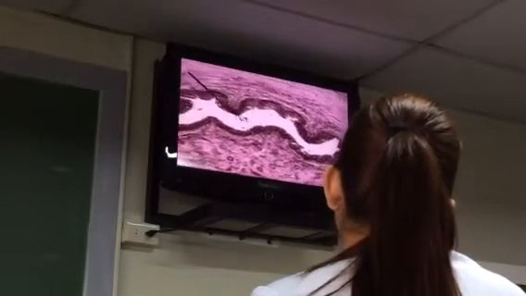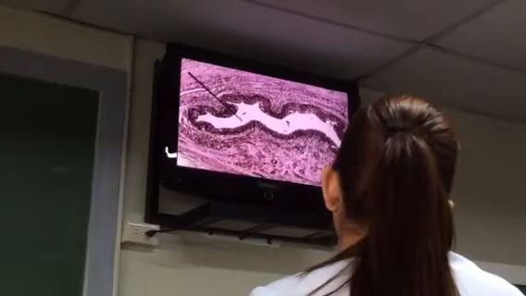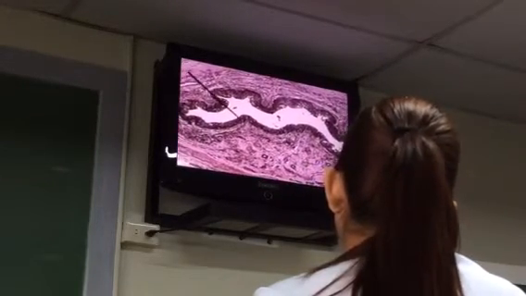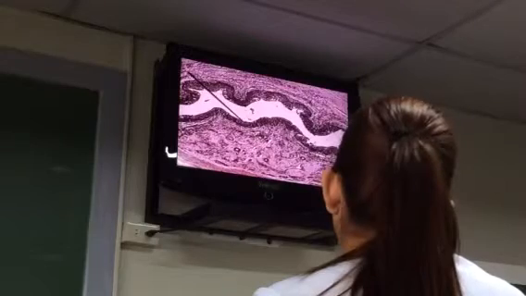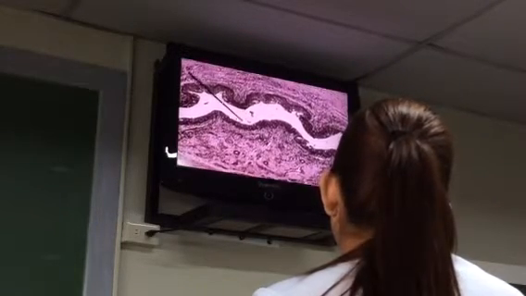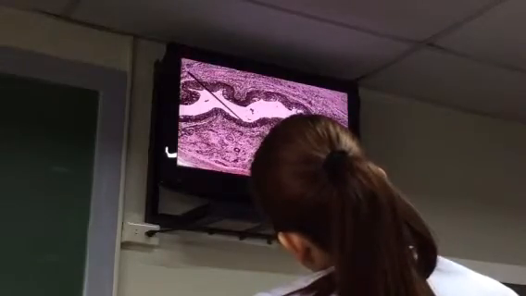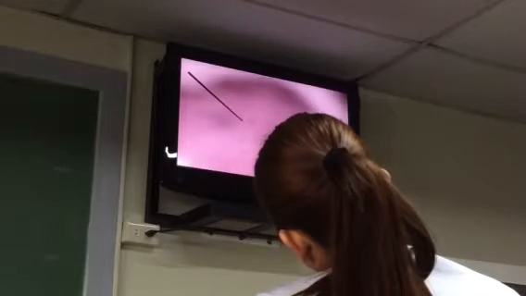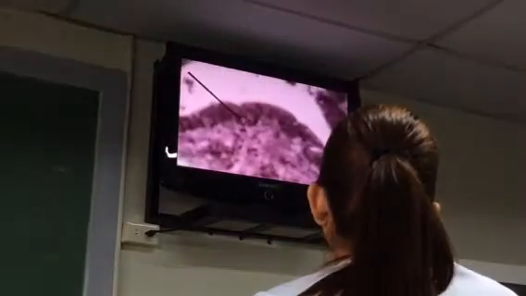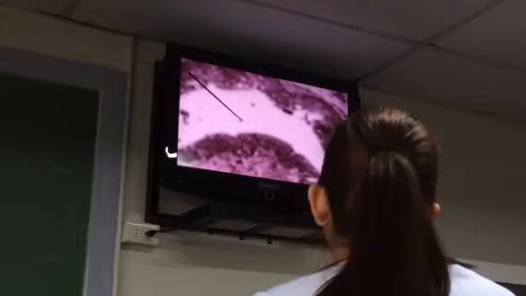Remember? And what is the lining epithelium of your penile urethra? What lining is this? Do you remember? If you remember, it ranges from stratified to pseudostratified columnar. So that is the lining epithelium at this level.